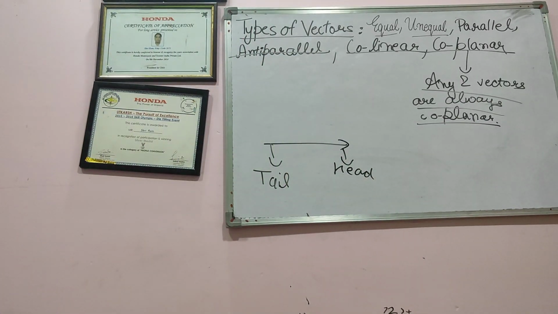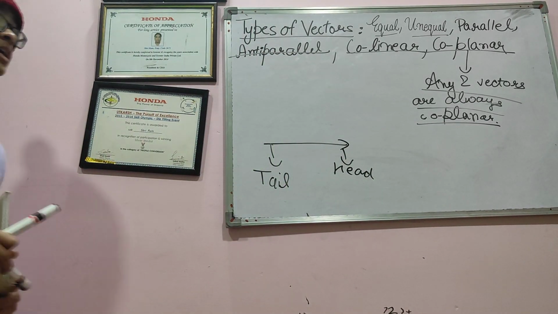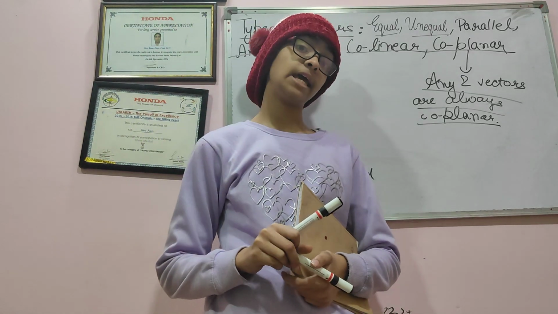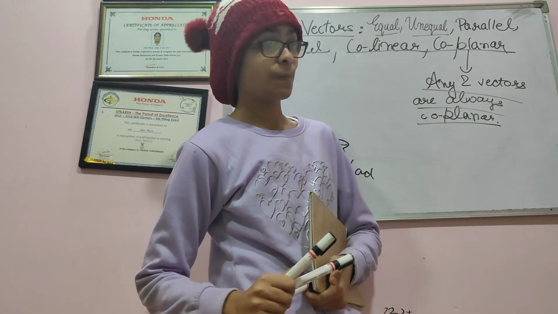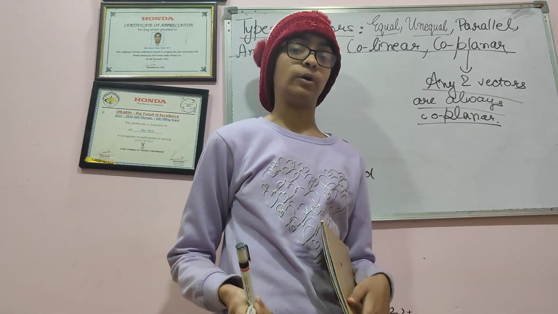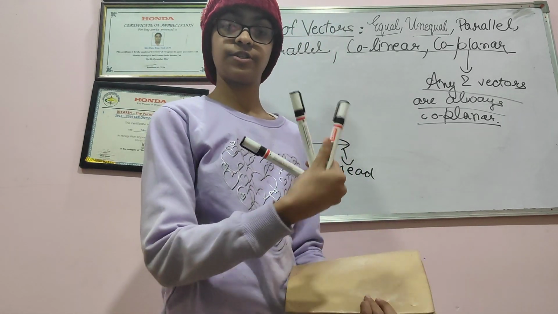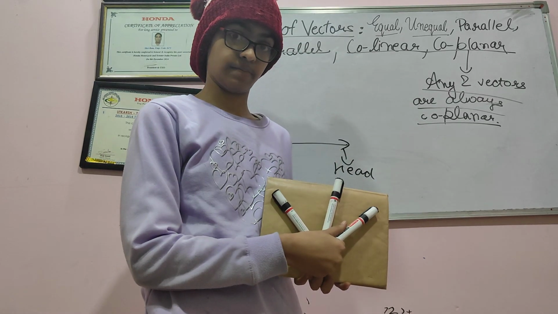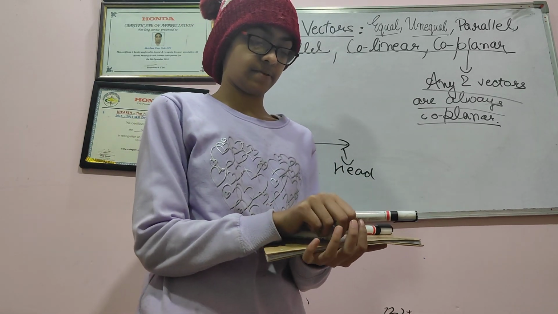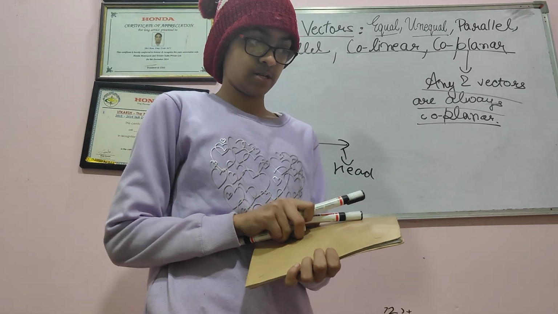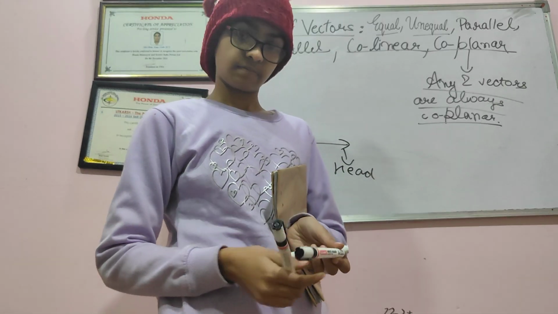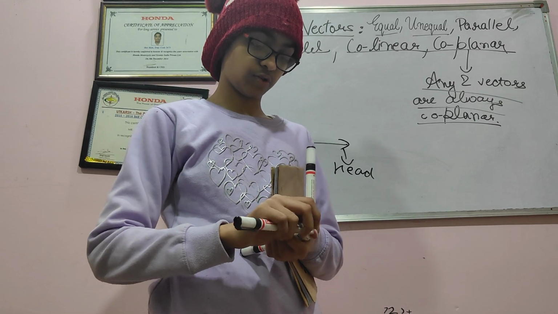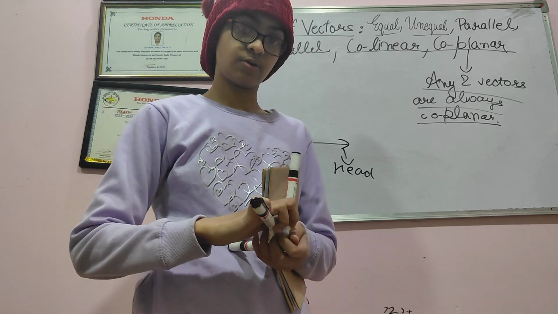But if you're talking about 3 vectors, they may or may not be coplanar. Like I have 3 vectors. They are on the same plane. But what about this example? 2 vectors coplanar, 1 vector on the top.